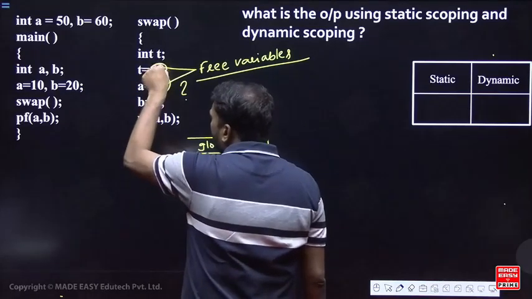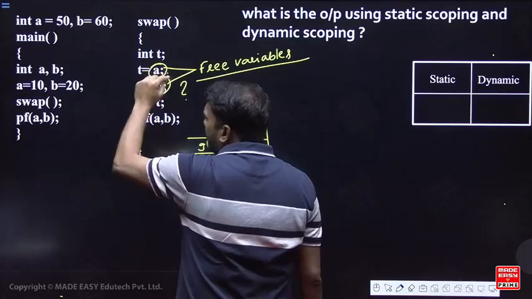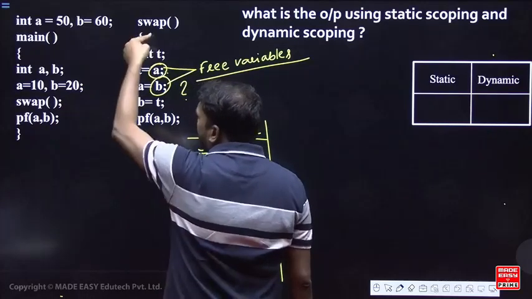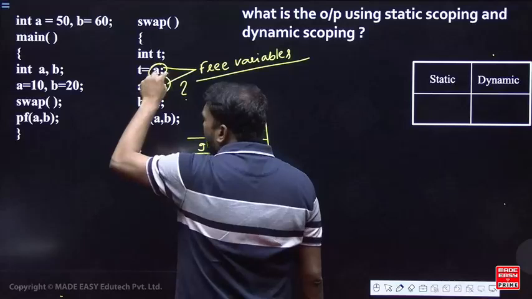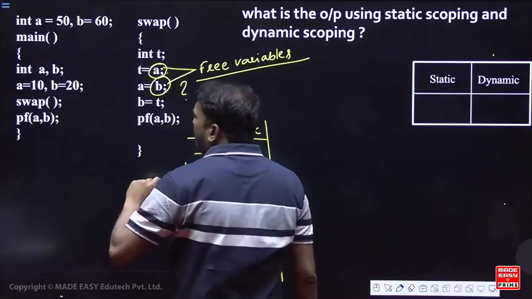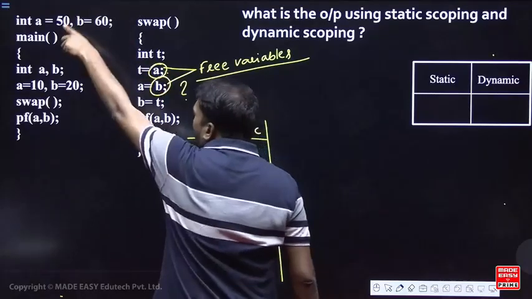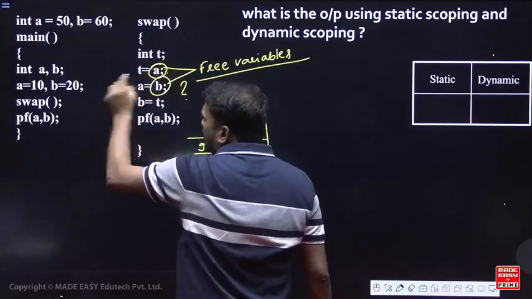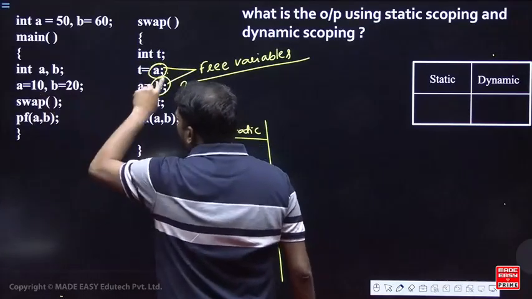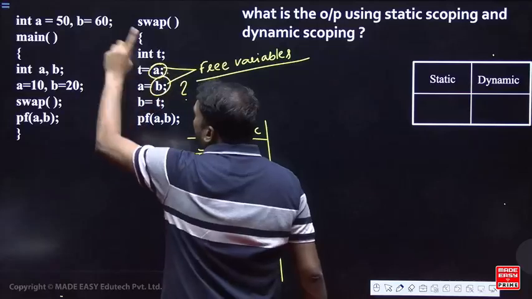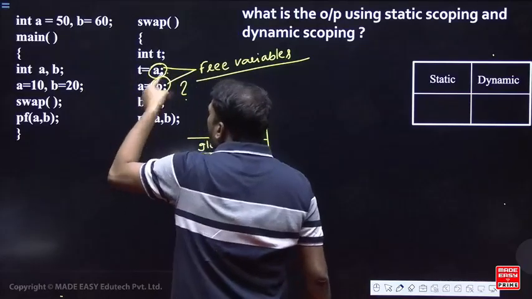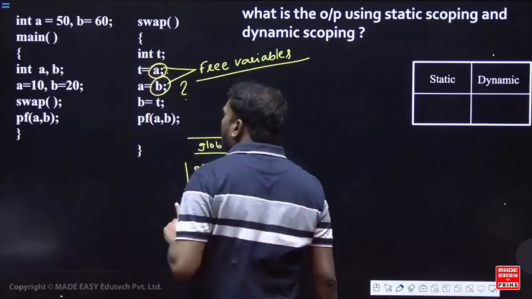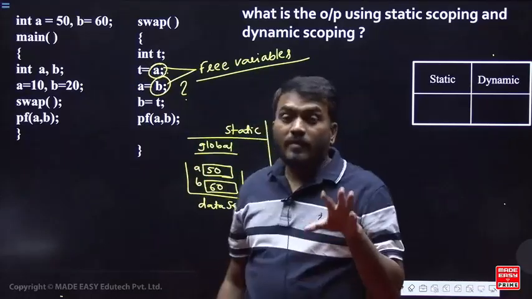There is an a in the previous calling function, because swap is called from main, so variable a is there in the main function, and there is also an a in the global scope. Will you assign a equal to 10, or a equal to 50 to t? Which a are you going to assign to t? That is the question.